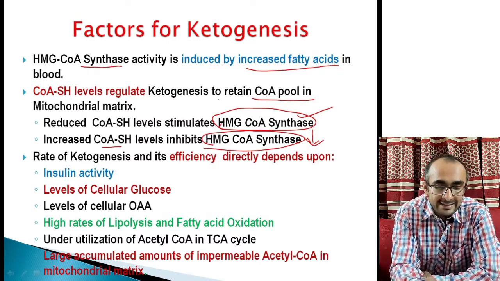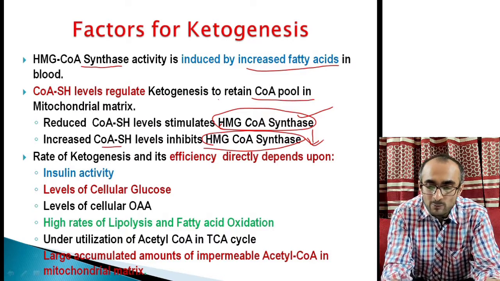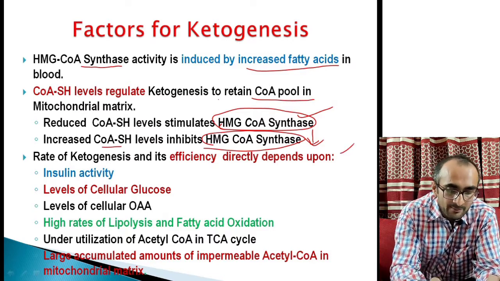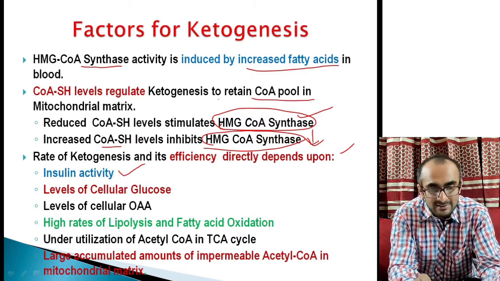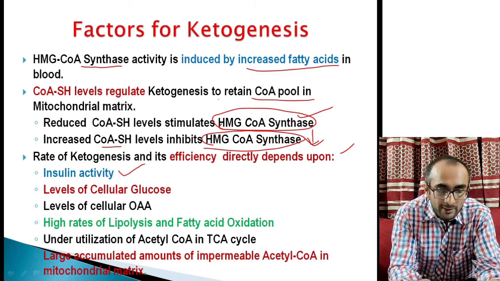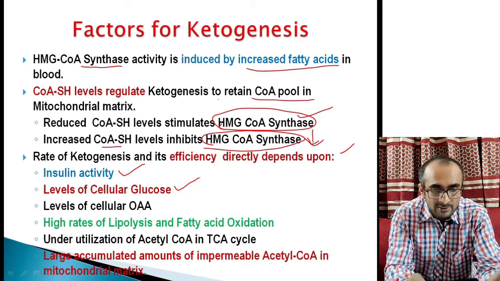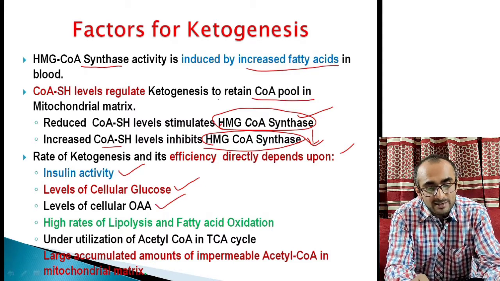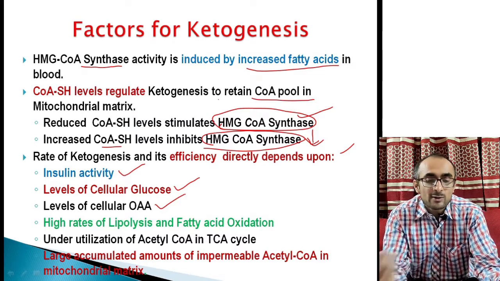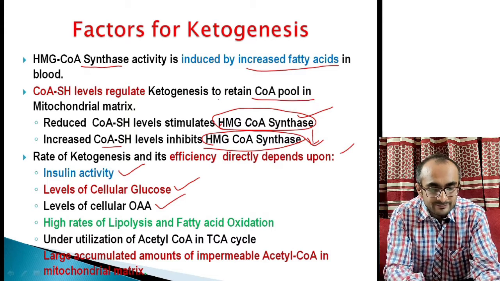The rate of ketogenesis and its efficiency directly depends on many factors. We can summarize them. Insulin activity: if insulin is present, ketogenesis is inhibited. Level of cellular glucose: if glucose is depleted, only then ketogenesis occurs, otherwise not. Level of oxaloacetate: if oxaloacetate is present in high concentration, acetyl coenzyme A enters into the citric acid cycle, so no ketogenesis occurs.